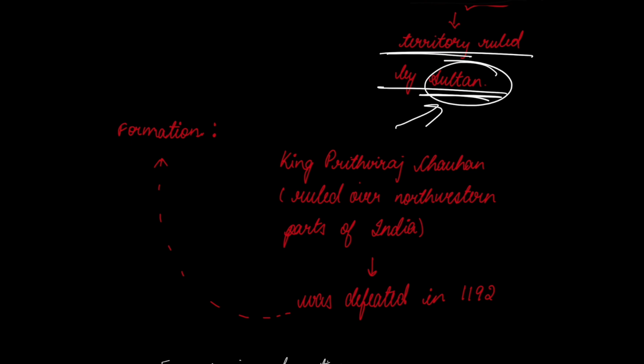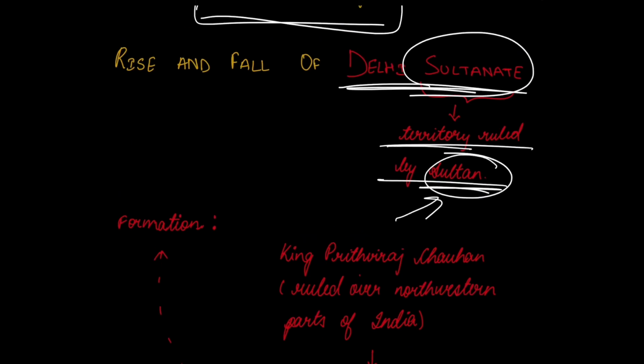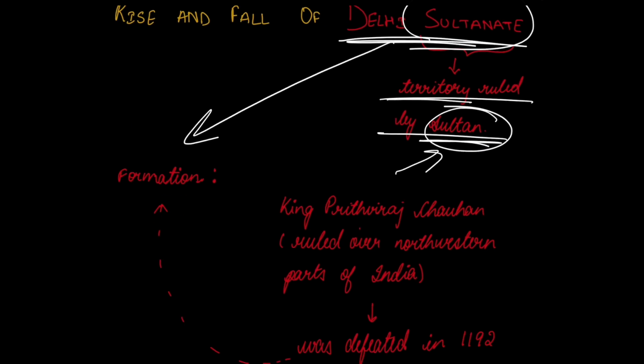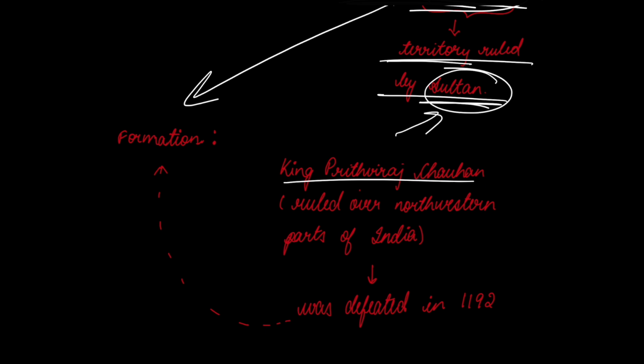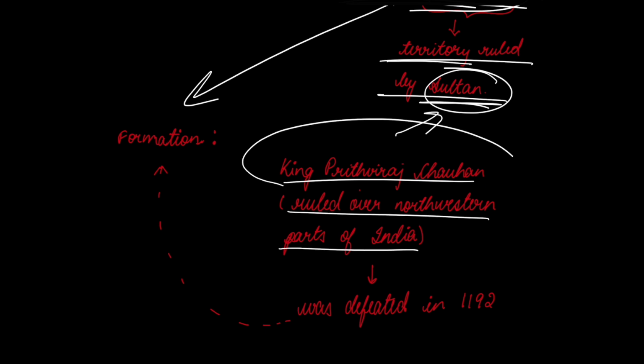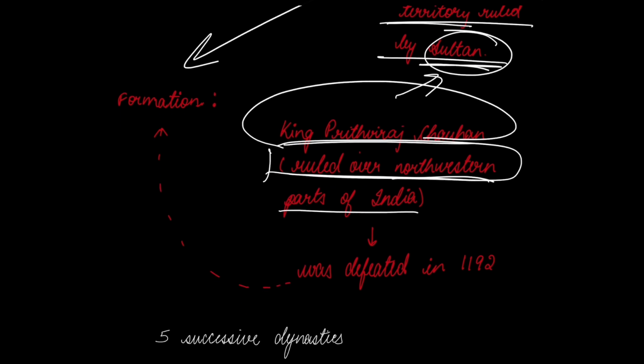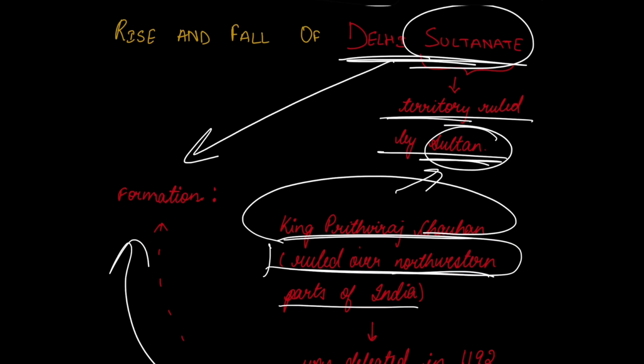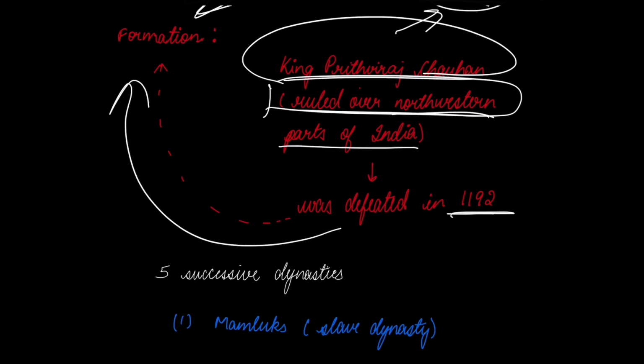How did the formation of the Delhi Sultanate start? King Prithviraj Chauhan, who ruled over the northwestern parts of India, was defeated in this year, and this gave rise to the formation of the Delhi Sultanate.